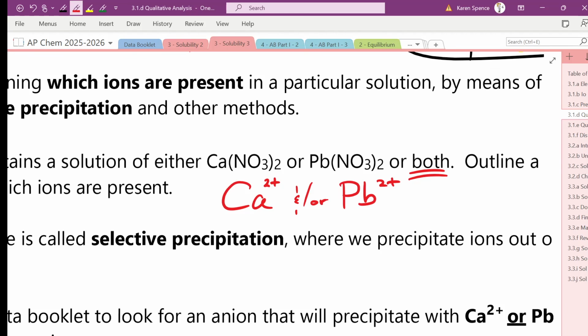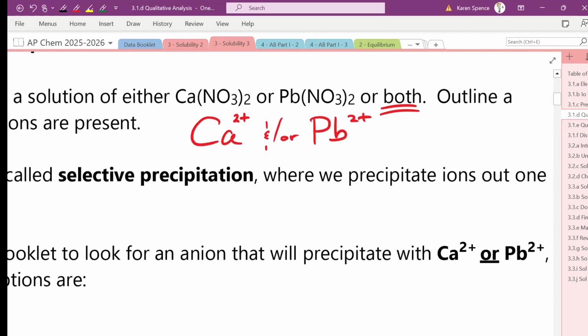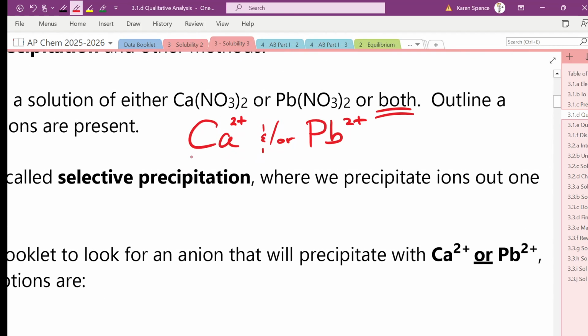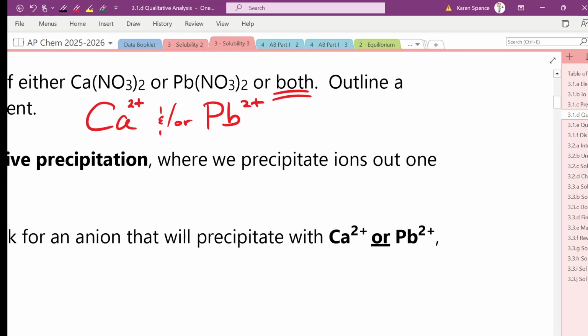So what we would want is something. Are we going to want an anion or a cation to precipitate these ions? We want an anion. And in order to selectively precipitate them, we want something that will precipitate with calcium or lead, but not both.